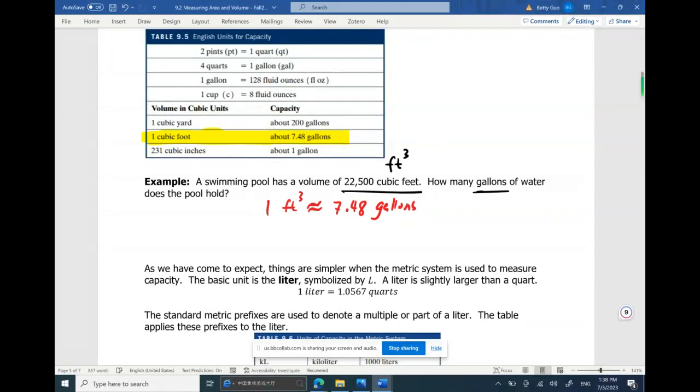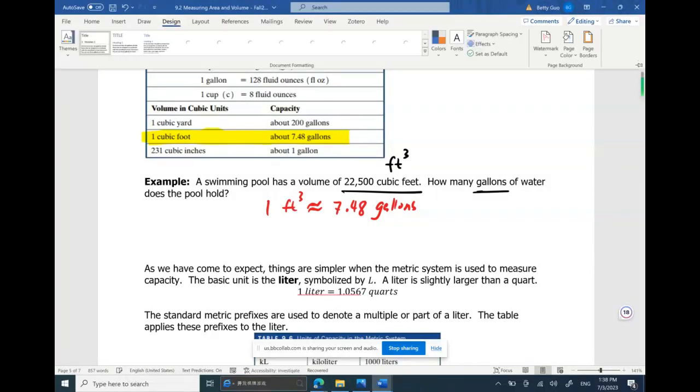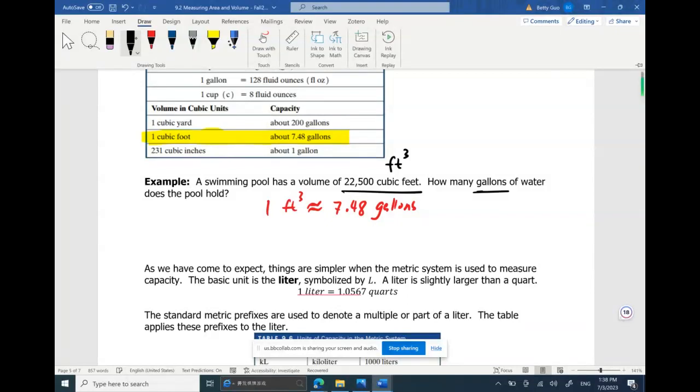So the conversion factor here is 7.48. And between those two units, which unit is smaller, which unit is bigger? Gallon is a smaller unit, so we want a bigger number in front of it. How do we make the number bigger? We multiply.